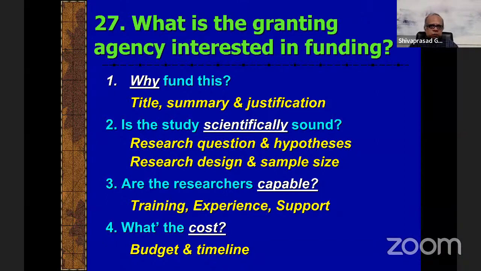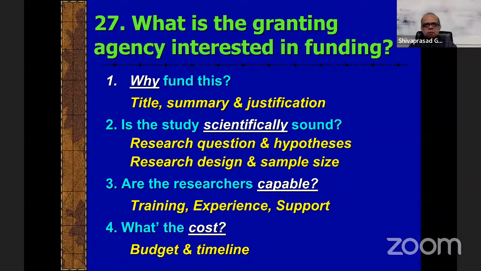Now, among these four, the first and second are the most important questions that the reviewers will look for. Is this really worth doing? Are these people really looking at a research question that needs an answer right away?